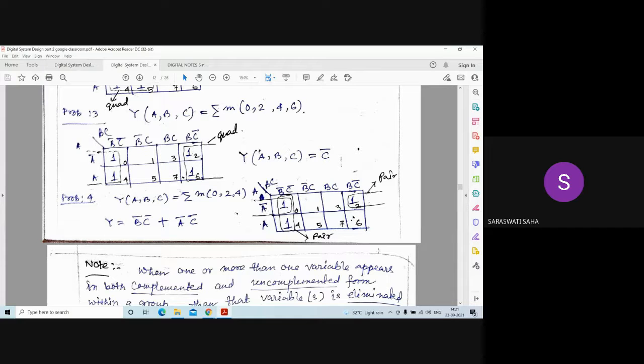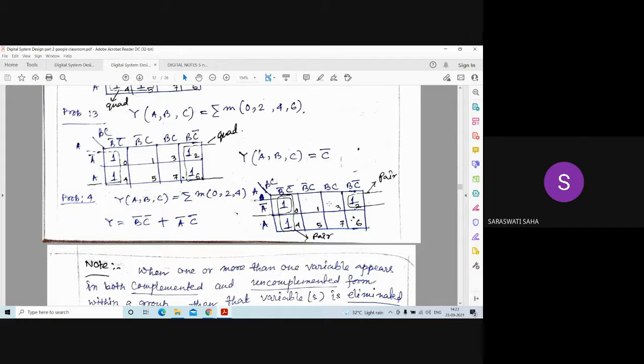If there were a 1 in these 4, then these 2 and these 2 ones would make a quad, as in this example. But here, these 2 ones are here and only 1 is in this cell, but 0 is here. Actually, these blank cells contain 0, right? So a quad is not possible here.